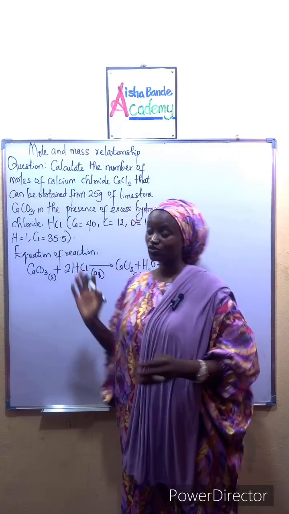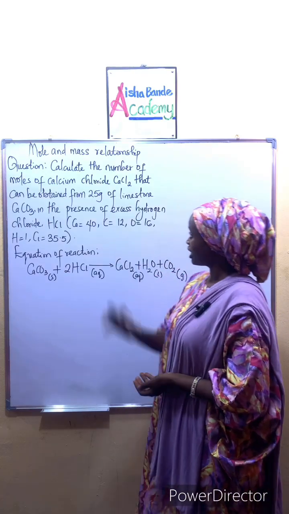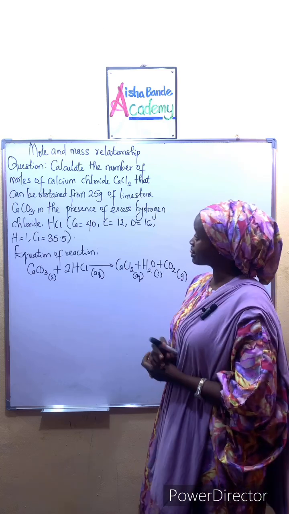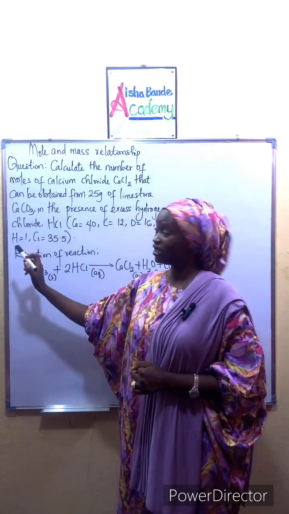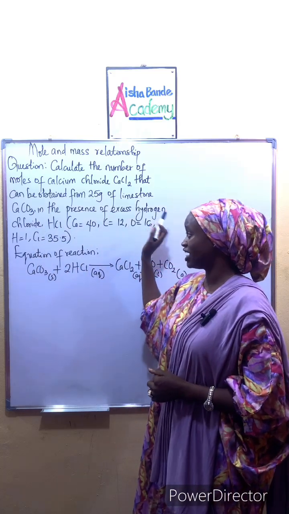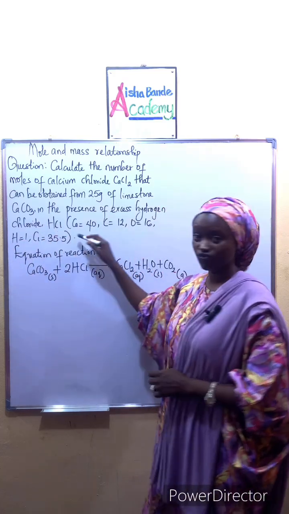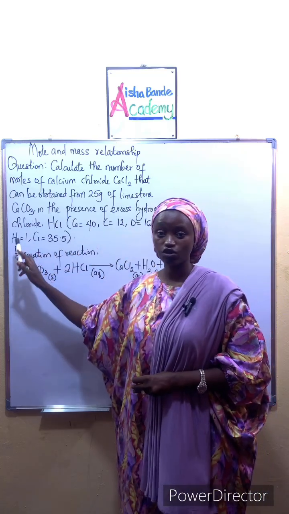So we have a question to solve which is under the mole and mass relationship, which reads, calculate the number of moles of calcium chloride, CaCl2, that can be obtained from 25 grams of limestone, that is CaCO3, in the presence of excess hydrogen chloride, HCl. So we are given the atomic mass of each element for calcium, carbon, oxygen, hydrogen, and chlorine.